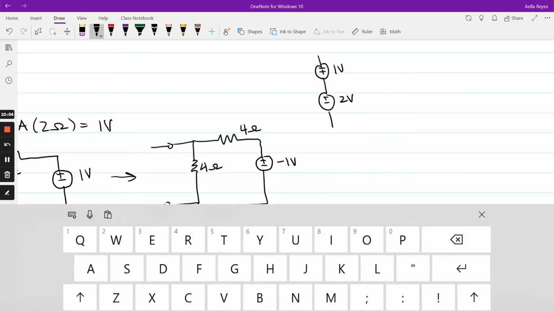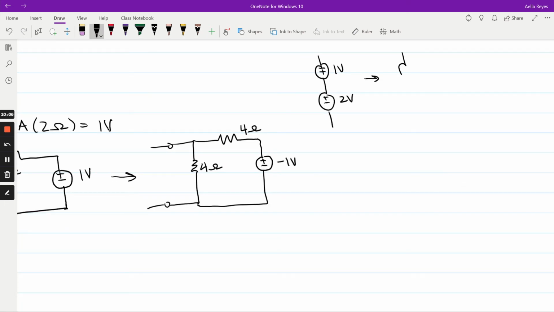So I kind of just switched this top one. Oh, I actually switched the bottom one. Excuse me. It doesn't matter, just as long as the pluses are all on the same side, you could still add them together.